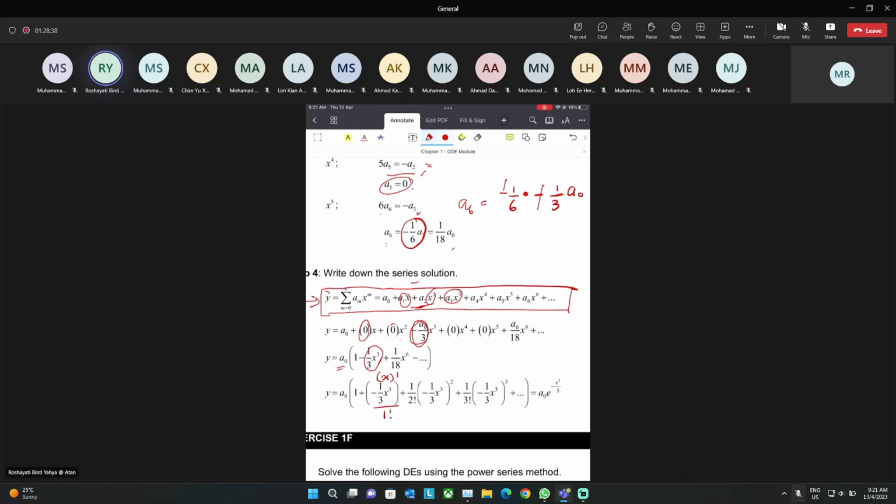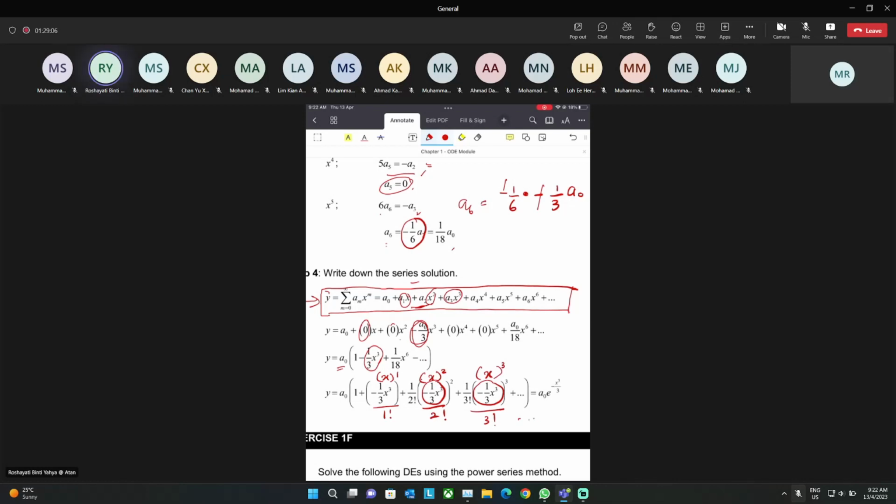This one, x to the power of 2 over 2 factorial. This is your x to the power of 2. X to the power of 3, sorry, your x. What is inside the bracket is your x. So x becomes to the power of 3 over 3 factorial, dot dot dot.